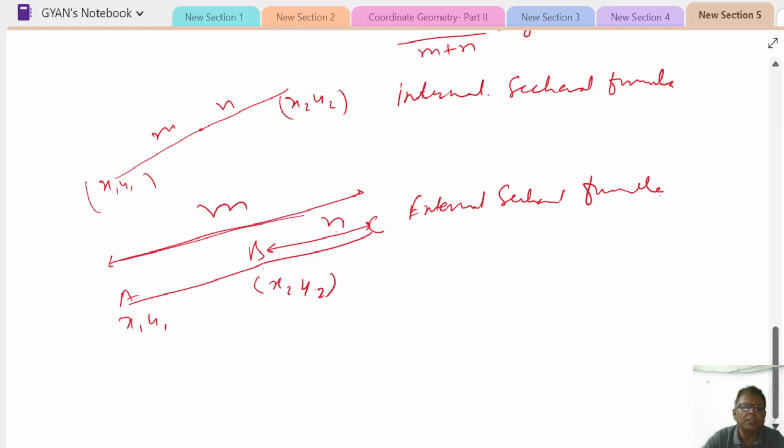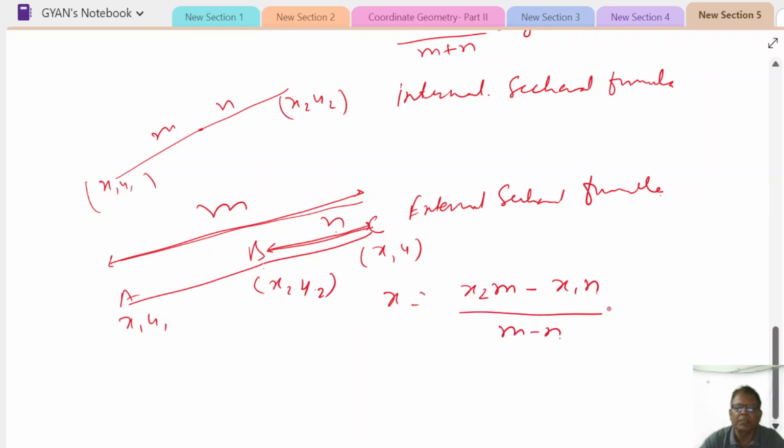This length divided by this length is m is to n, and this point is x y. So what will be the x? x will be x2 into m minus x1 into n, here it will be minus, divided by m minus n.